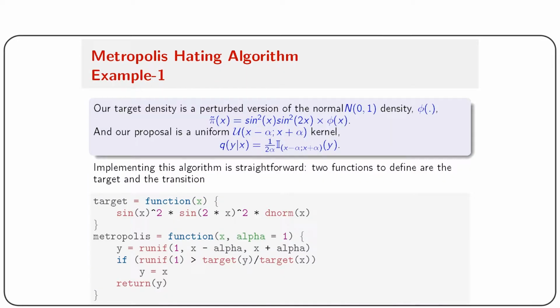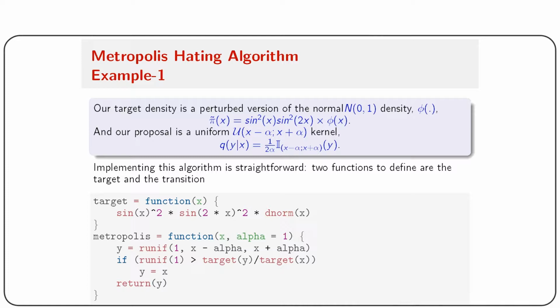We'll start with an example. Say our target density is a perturbed version of the normal 0,1 density. Say pi-tilde(x) is sin squared x times sin squared 2x times phi(x), where phi(x) is the normal 0,1 density, and our proposal is, say, a uniform distribution U(x minus alpha, x plus alpha) kernel.